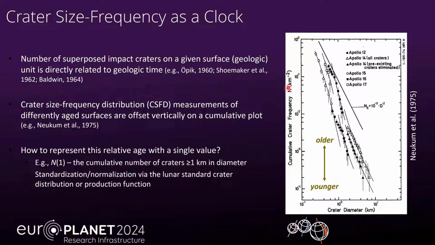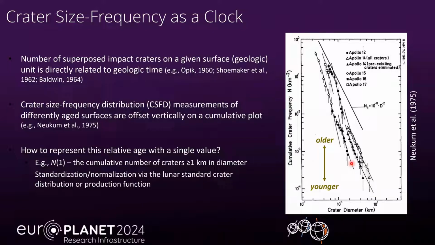Well, you can go in and you can measure what are called crater size frequency distributions in your different locations. The example here is for Apollo landing sites. Basically, you measure the diameters of all of the craters in your area, and then you make a plot of diameter against the cumulative frequency.